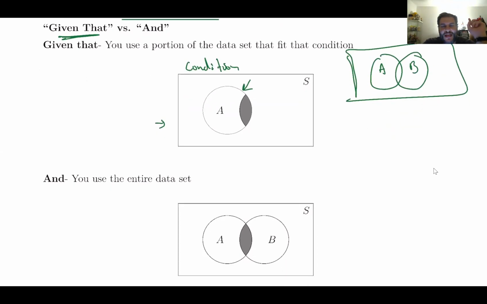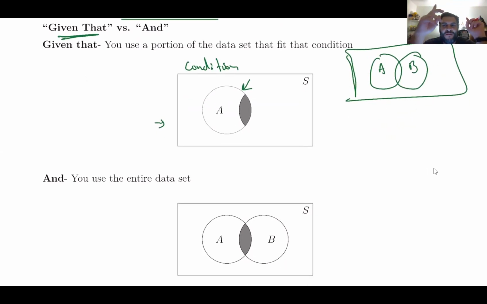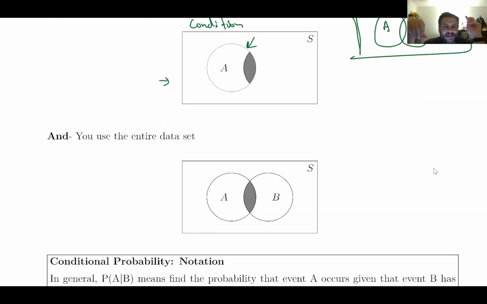All right. And just remember, for both of these, this is for when we're doing a random selection. So we're only randomly selecting one person. We're not randomly selecting 2 people or 3 people or 4 people. This is only for one random selection. So if you look at the AND statement, you still have your A and your B. Because remember, for the AND statement, you use the entire data set.